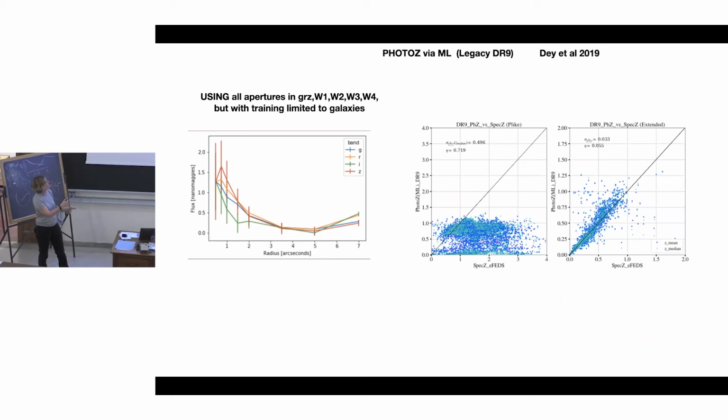For each of the bands, I'm getting information on the concentration distribution using the flux included within a certain distance from the center of the objects. So the shape of the light distribution in every band for each object. Practically it is a spectral energy distribution that depends on the distance from the center.